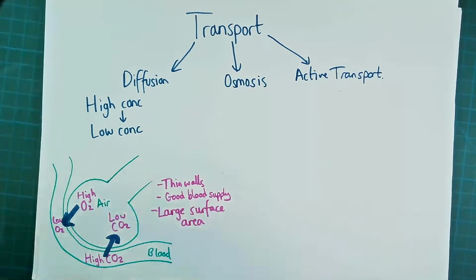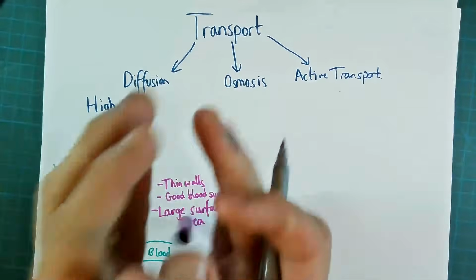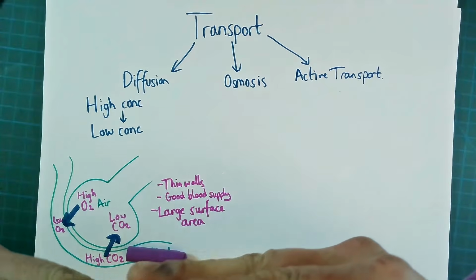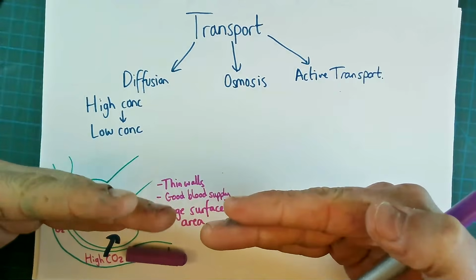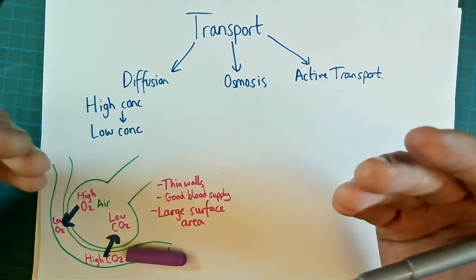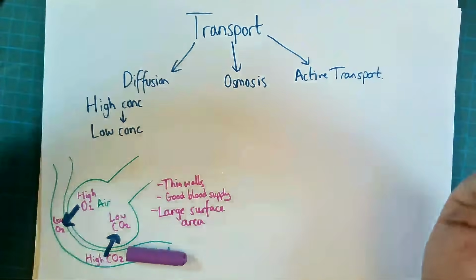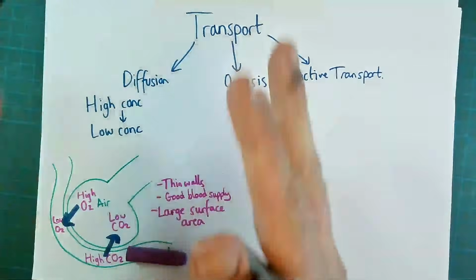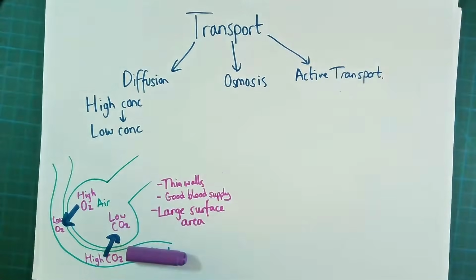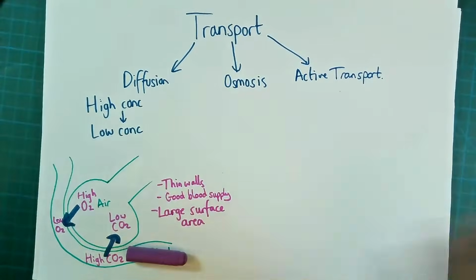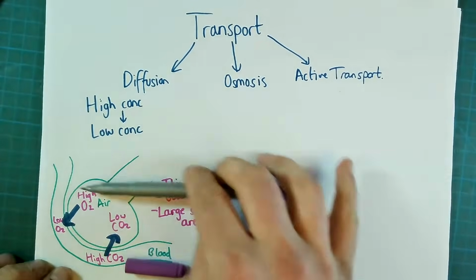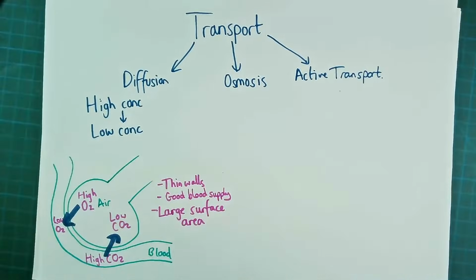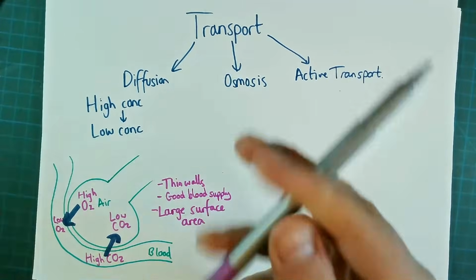If I have, it's got to go through a surface. It's like trying to get out of a building. If I only have one door to get out of, it's going to be really slow. If I have many doors, I can leave really quickly. So it's the same thing here. If I've got lots of space, I can get in and out across the whole lot. Okay, so that's diffusion.